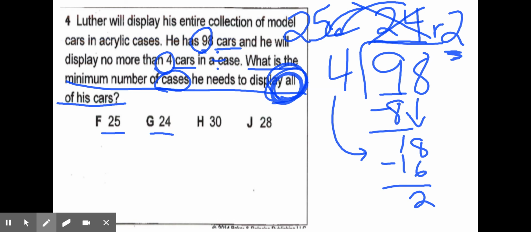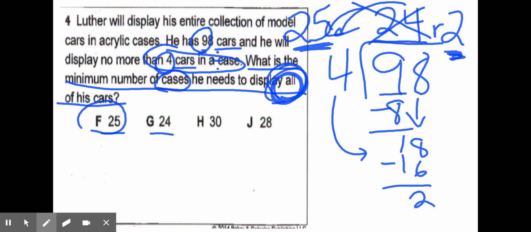We bump it up to a 25 so that those 2 cars can be put up. And you may be asking yourself, why do we just bump it up once since there's 2 cars? Well, because they said a case can hold 4 cars. Well, we have just 2 cars left over, so we don't need 2 cases because a case can hold 4 and we just have 2 leftovers. So we just need to bump it up one time to a 25 so we can get an extra case so those 2 cars can be put up.